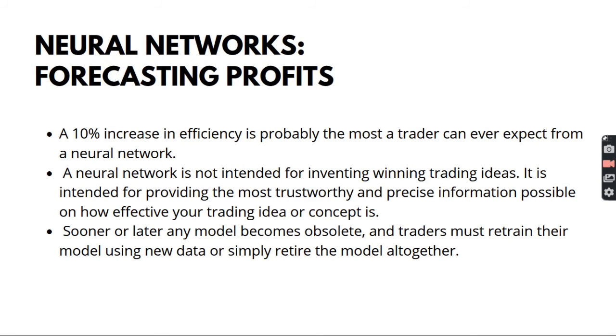So how do you use neural networks in real life? It can be used in many business areas. In my tutorial today, I'm going to teach you how to use it to forecast profits or revenues. If you're using neural networks to forecast revenues, the maximum you're going to get is a 10% increase in your efficiency, which is actually a lot, and a good outcome.